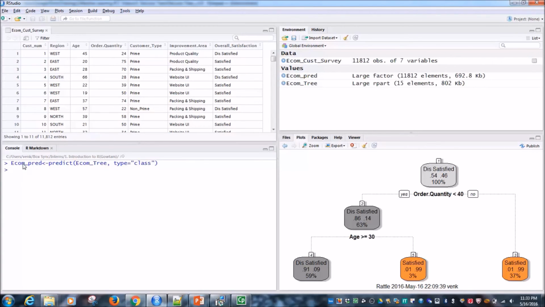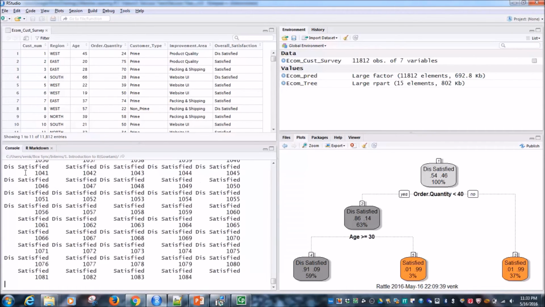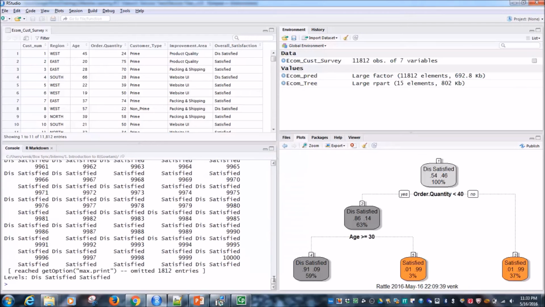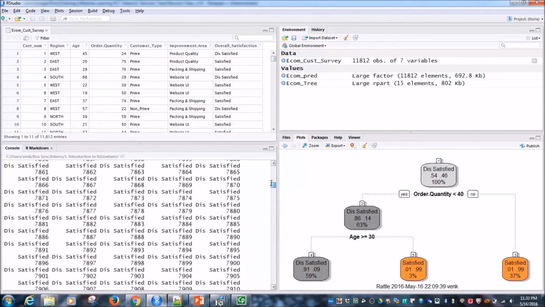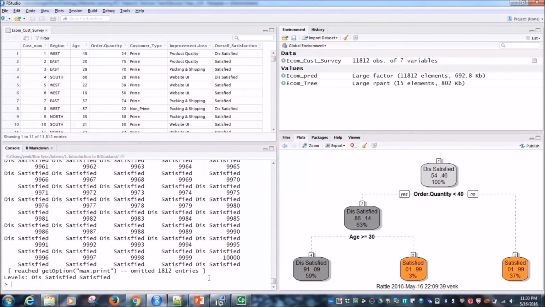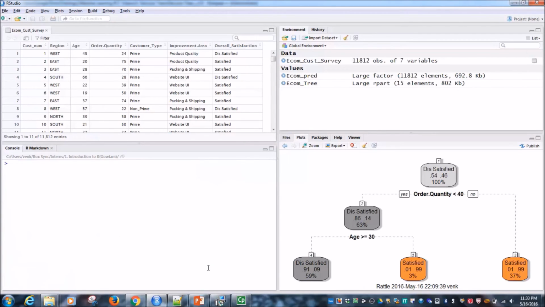So e-com prediction is my new object. So let me see the predictions. For each observation, they're satisfied or dissatisfied, satisfied, dissatisfied. Those are my predicted values. There are 11,812 observations, so R has shown us first 10,000 observations, not a problem. So that is the predicted class.